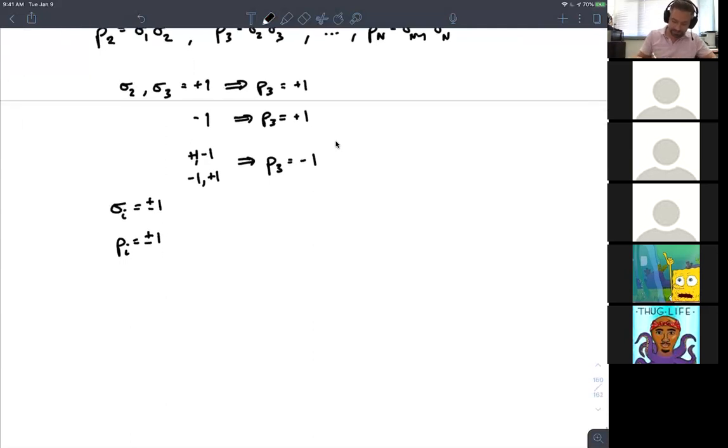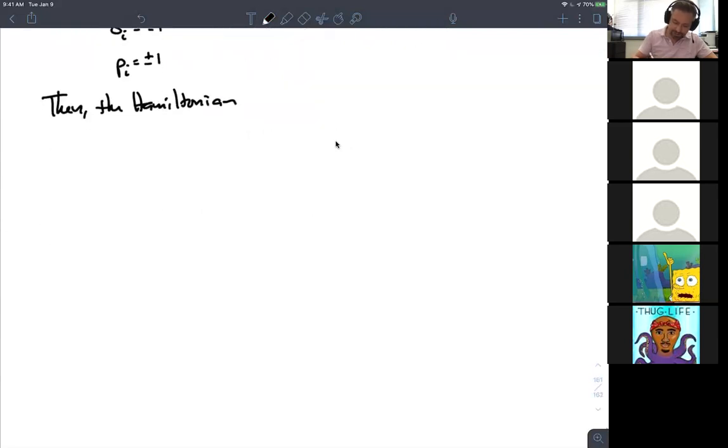Okay, then we can write the Hamiltonian in terms of this P variable very easily. Now it is just this. Voila, that is the Hamiltonian, piece of cake.